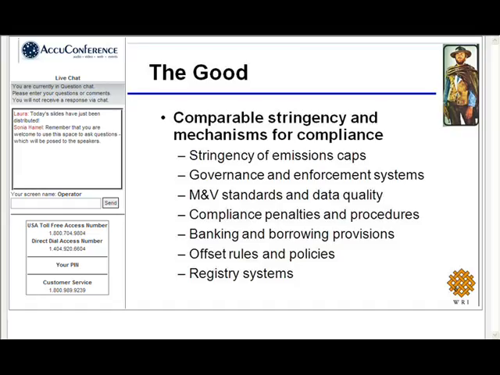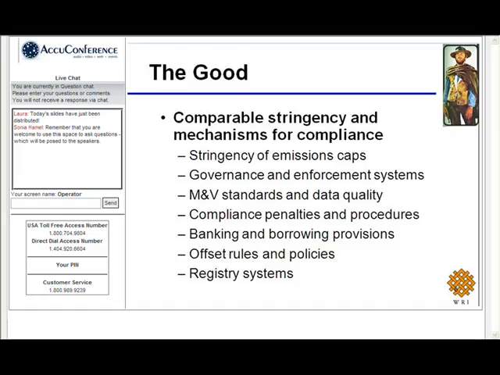Similarly, compliance penalties and procedures. The simplest kind of compliance penalty is simply to force participants to pay a fine if their emissions go above the number of allowances that they are able to surrender.